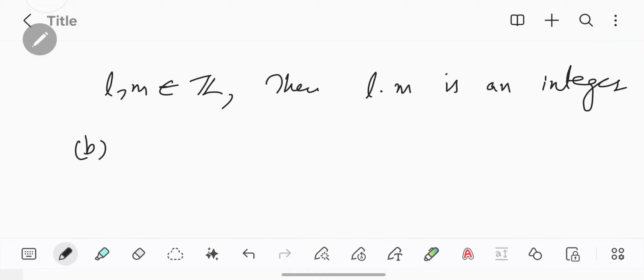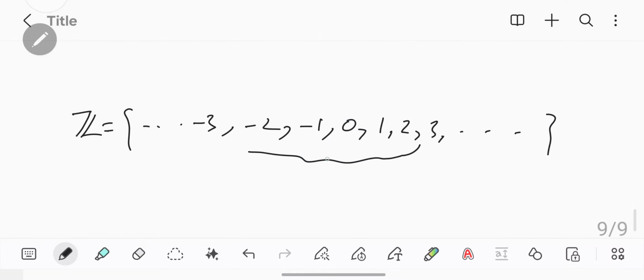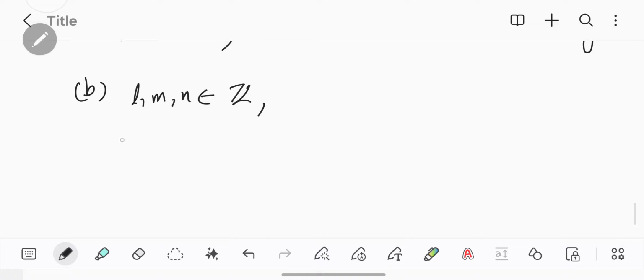Let me check the associativity. What's the associativity? If you take L, M, and N, any 3 integers from here, the associativity means if you multiply L after you multiply M and N, or you multiply first L with M, then you multiply the resultant with N, you'll get the same answer.